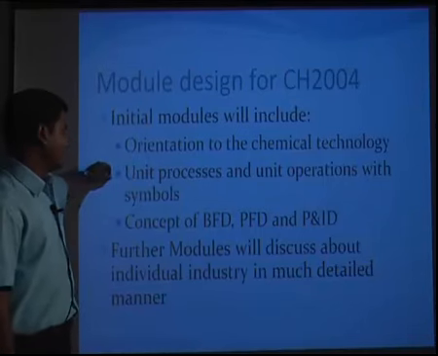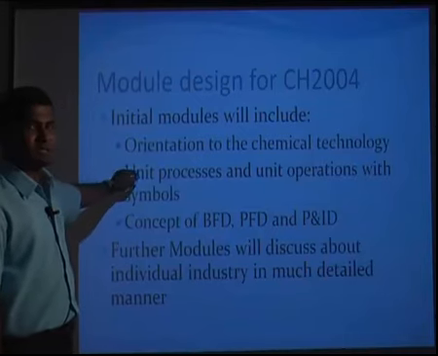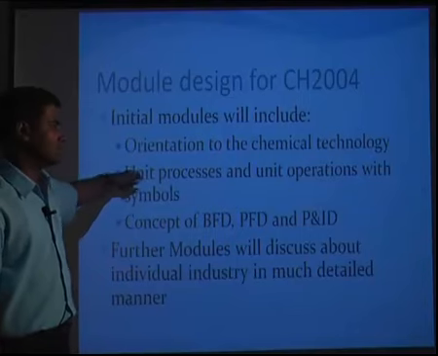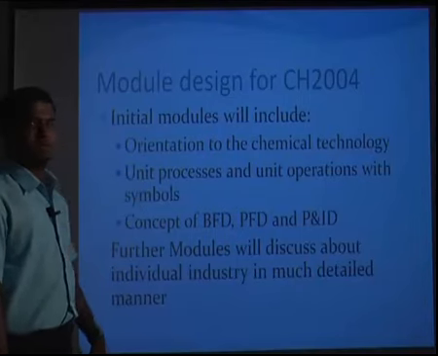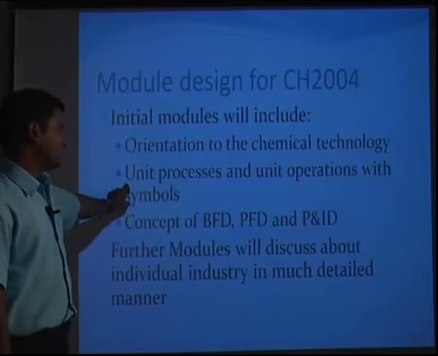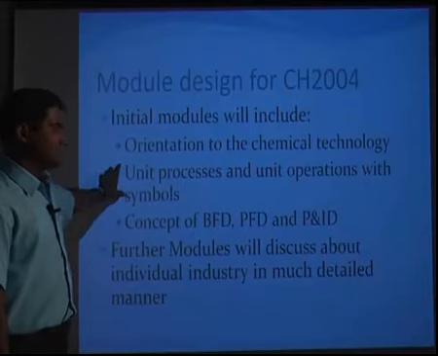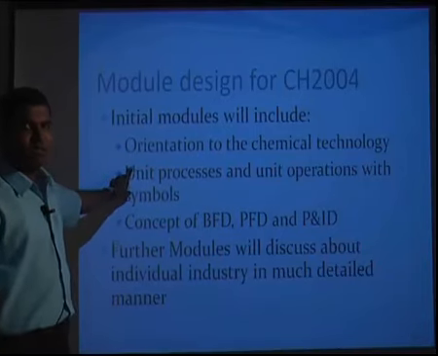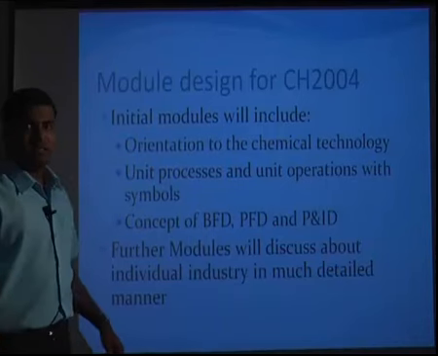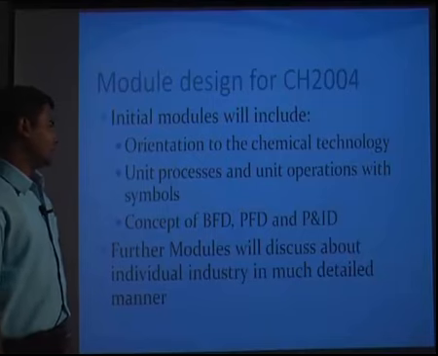The next one, to carry this out, we should have the unit operation. Unit operations such as grinding, distillation or heat exchangers come under unit operation. So we will discuss the different kinds of unit operations, and also the symbols for each unit operation. This is important when we are going for flow sheets. We have already seen in CPC the block diagram, that was the input and output flow diagram.